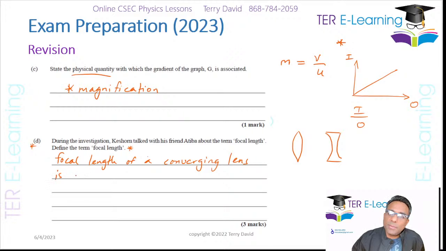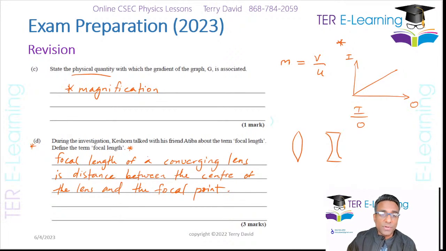It's a distance we're talking about here between the center of the lens and the focal point. Now, another word for the focal point is principal focus, right? So you can use either word there, but you're getting 3 marks for this definition. What is meant by focal length, right? So that's focal length. See what else they want here.